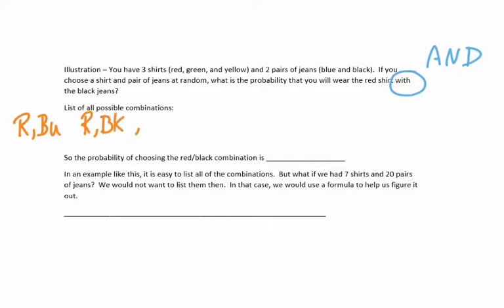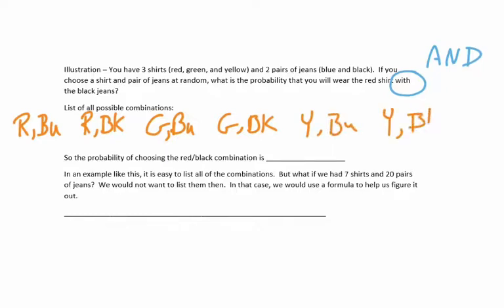You could have the green shirt with the blue jeans. You could have the green shirt with the black jeans, and you could have the yellow shirt with the blue jeans and the yellow shirt with the black jeans.